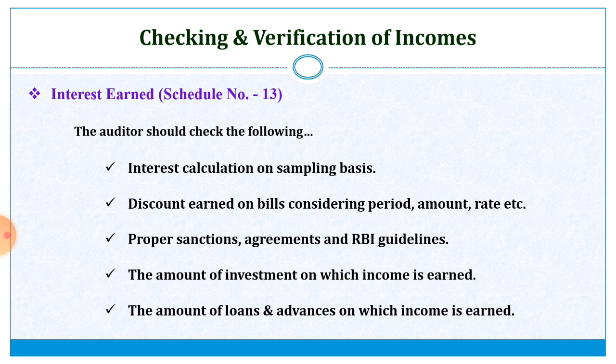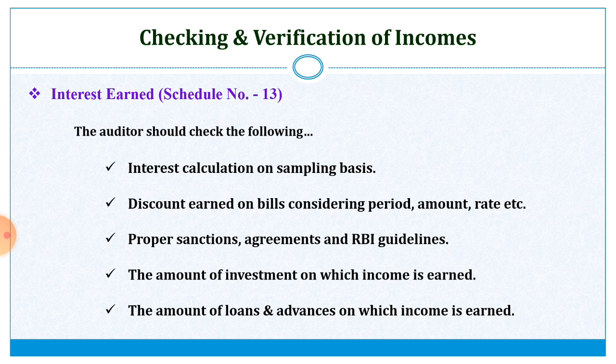The first item is the interest calculation on a sampling basis. The auditor may not or cannot check all items recorded by the bank or all calculations recorded by the bank. There are numerous accounts and various types of loans, advances, cash credit, and overdraft facilities provided by the bank.